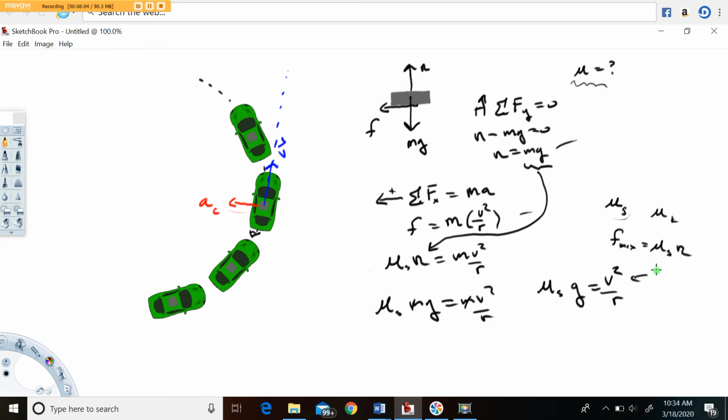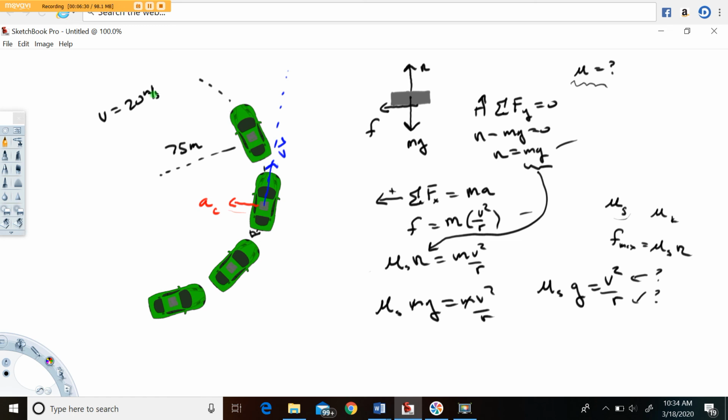Now at this point you're probably wondering, I don't see any values for these. All I can do is make up values. This happened a year or so ago, but I'm just going to make up some numbers and leave it as an exercise to the reader to calculate a frictional coefficient that goes with this. Let's just say it was a 75 meter radius curve and I was traveling at 20 meters per second.